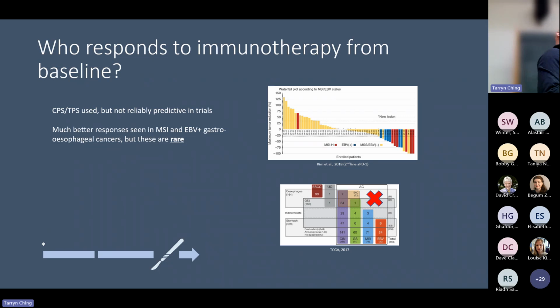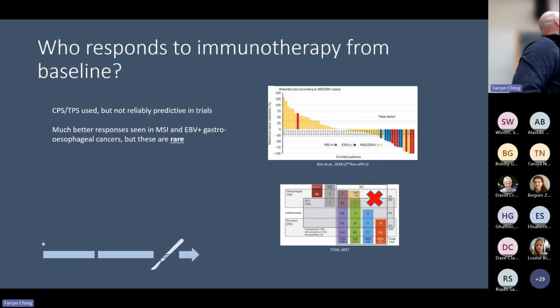We know that certain subtypes of esophageal cancer do respond very well. So microsatellite instability and Epstein-Barr virus positive cancers all respond really well to immunotherapy, with very high complete response rates. But the problem there is that they're extremely rare in esophageal cancer.